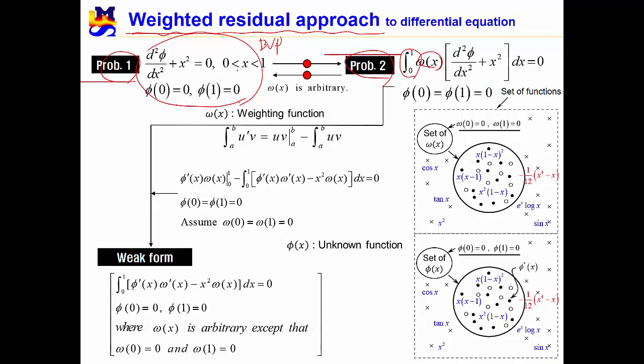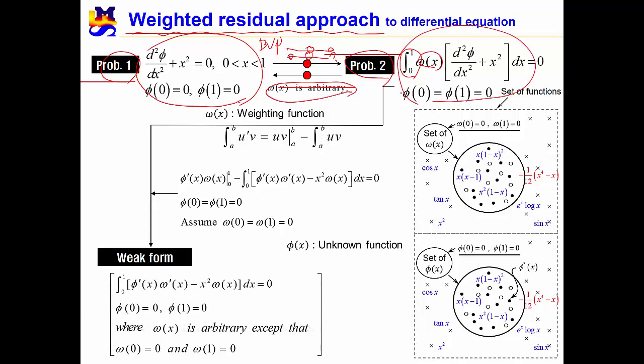Of course, if problem 1 is true, then problem 2 always becomes true. However, its inverse is not satisfied. When we assume that omega(x) is arbitrary, then problem 2 should be identical with problem 1.